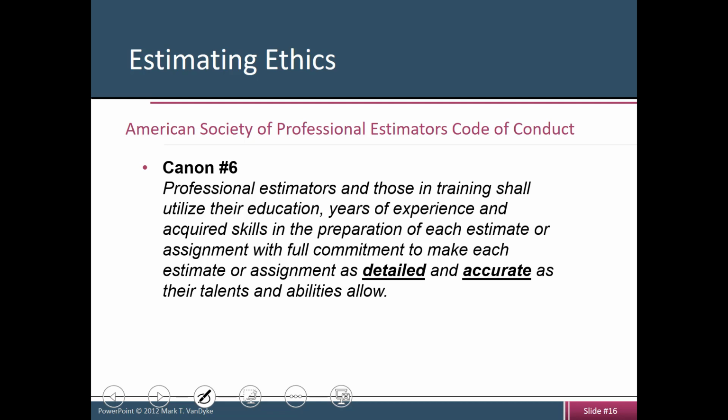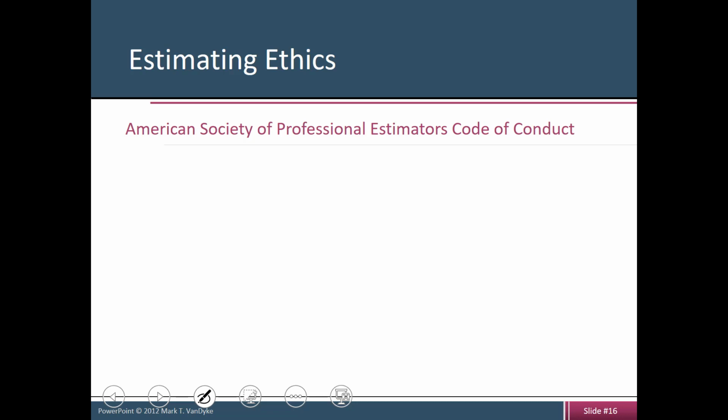So all the assignments, all the packages that we put together must be as detailed and accurate as we can make them. Again, one more time, these are the ethical responsibilities that we have to take on as professional estimators, as those who are in this field.